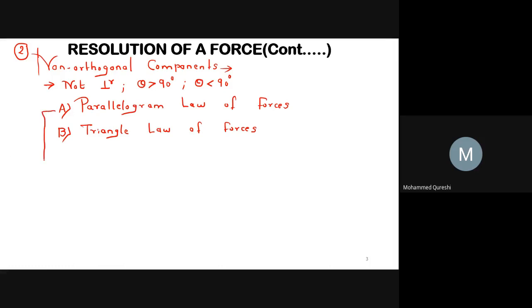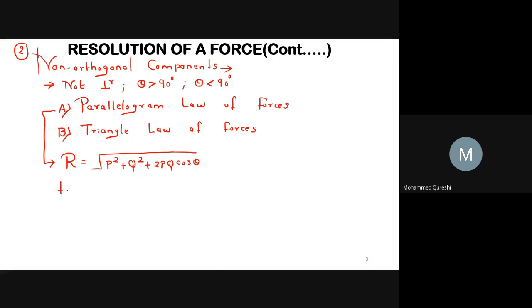How can we go through parallelogram law of forces? We had already seen in the previous lecture that your resultant force capital R in case of parallelogram law of forces is given by under root of P square plus Q square plus 2PQ cos theta.